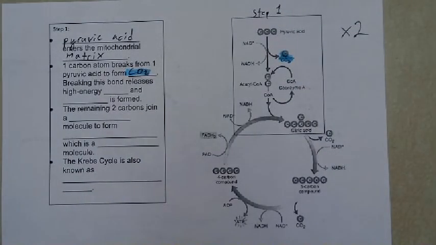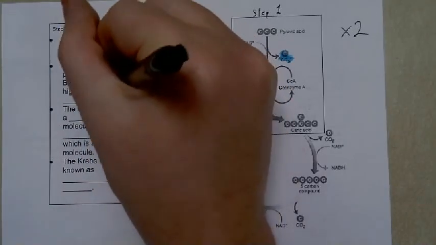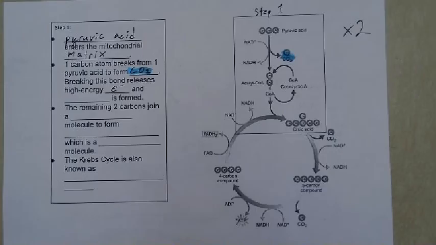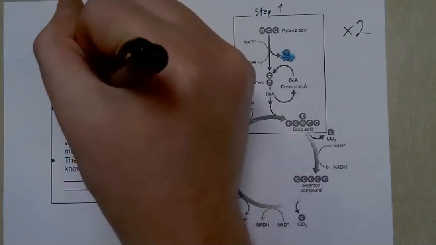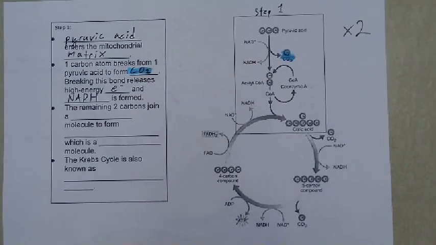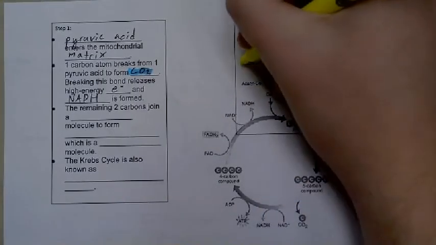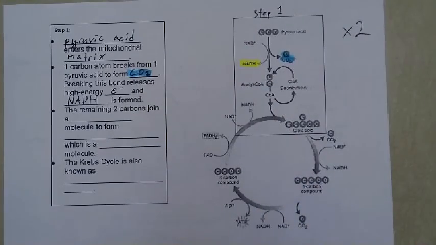So in the process of breaking this bond, I also release some very high energy electrons out of my pyruvic acid. So those high energy electrons are then going to be snagged by an NAD plus, and it becomes an NADH, which is an electron carrier. That's another one of our products here, what we're actually trying to produce with the Krebs cycle.